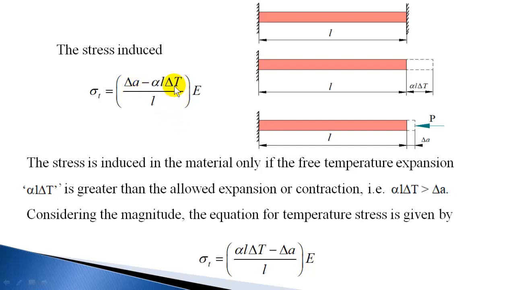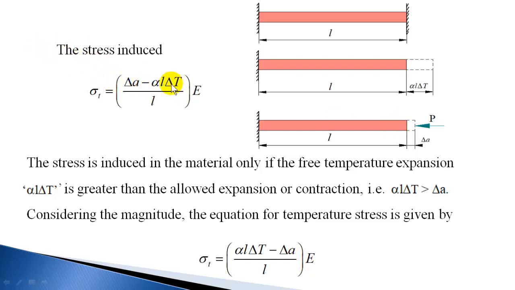So if delta T is positive, this term has to be always greater than delta A, and when delta T is positive you will get a negative sign for this, and when delta T is negative you will get plus, and delta A is also going to be negative in that case. If it's a contraction, then you should take the permitted contraction as negative.